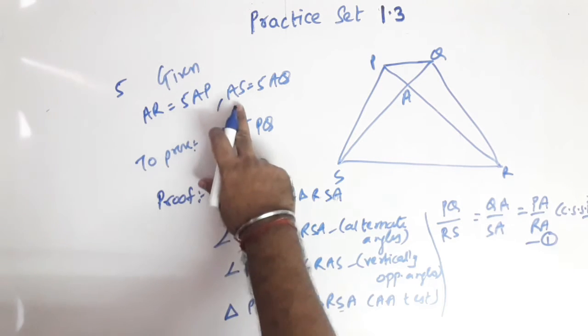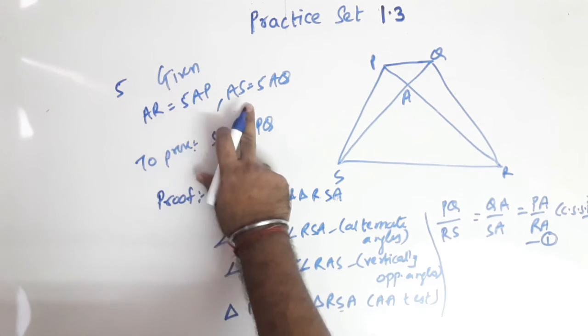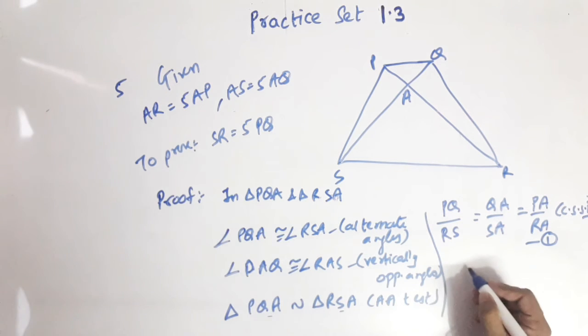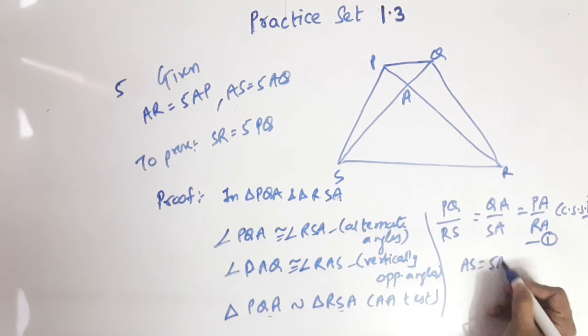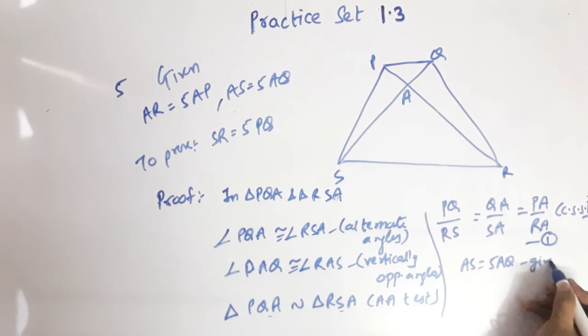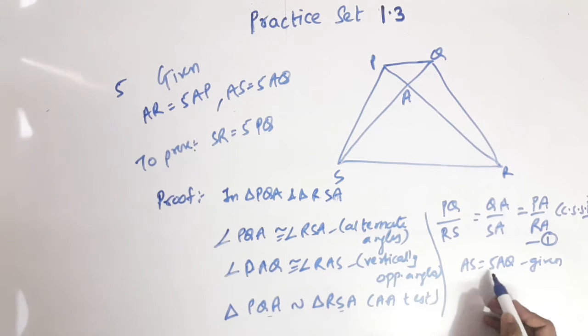Now if you observe, any one I'll pick up. AS is equal to 5AQ, this is given. So if I write this AS upon AQ, or I'll take AQ here and AS I'll bring here, so this will be 1 upon 5.